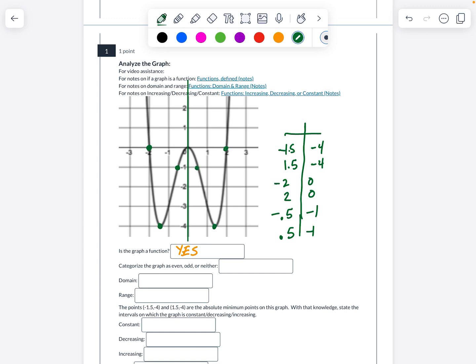And if I look at +0.5, I still get -1. So yes, this is a function because for the x values and their opposites, the y values are the same. For every x value and its opposite, the y value is the same. So I'm going to say that this is even.